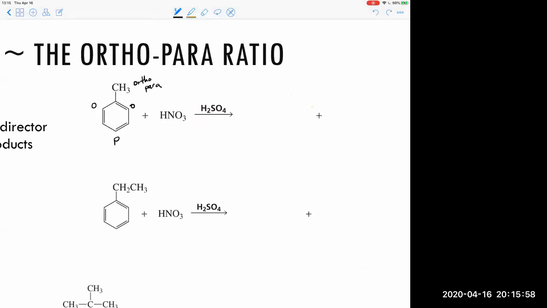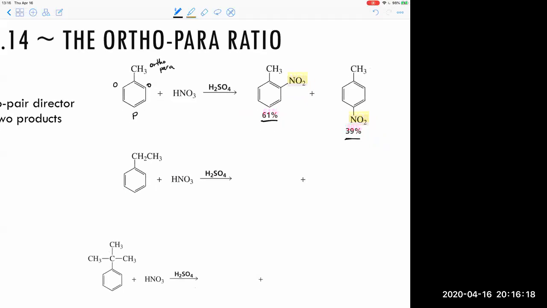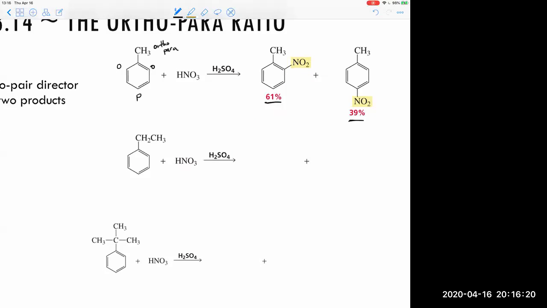If we have a nice tiny methyl group, we would expect something very close to that 2-to-1 distribution of ortho to para. If it was perfect, it would be 66%. There are clearly some steric effects going on, but it's close to that, and you get more of your para product. As that substituent grows, it changes that distribution because of steric hindrance.